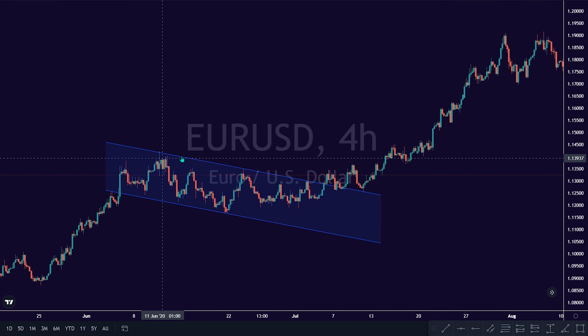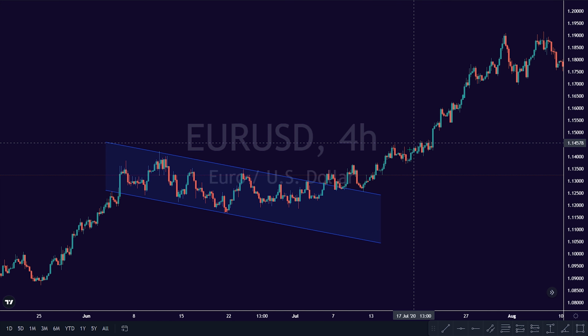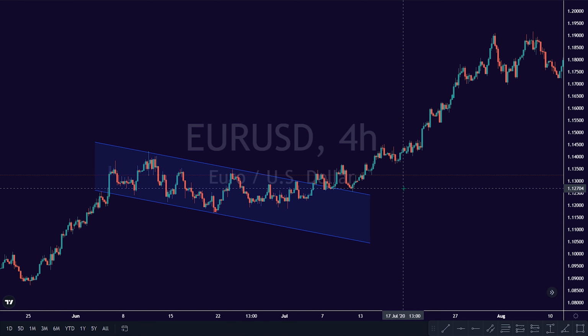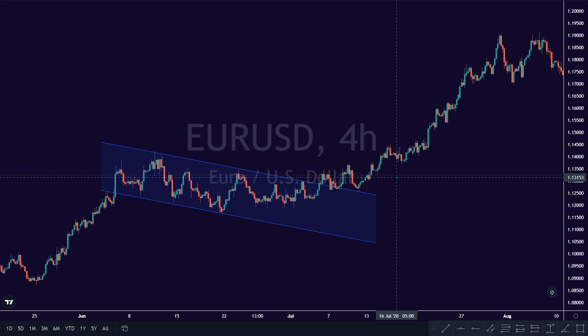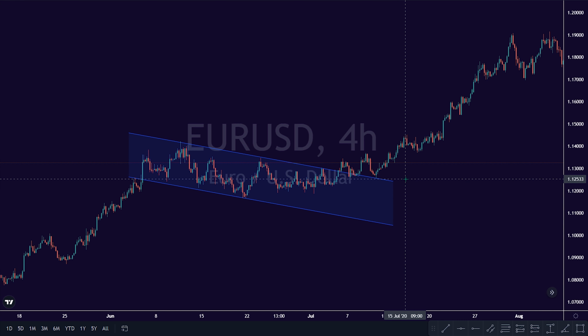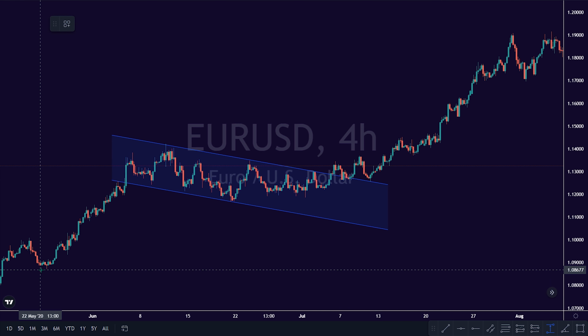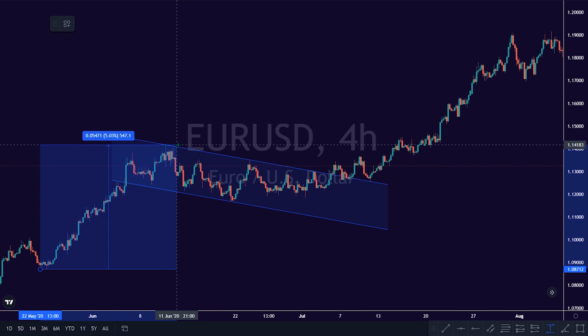Where should we implement our take profit target based on the flag chart pattern trading strategy? Setting take profit depends on 3 techniques, which are: Number 1. Measurement objective.